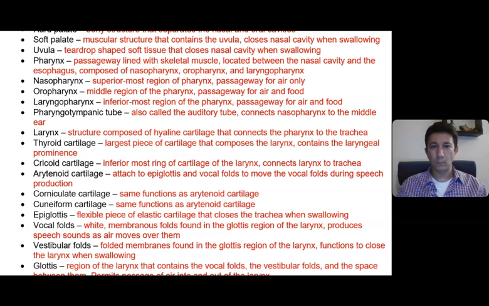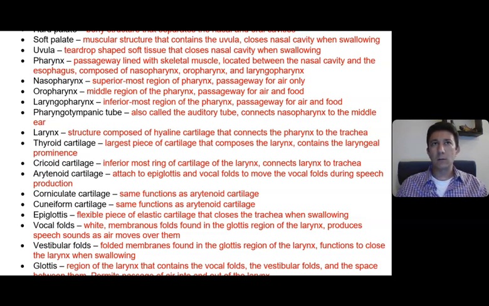So there's a couple of different pieces of cartilage that compose the larynx, which we'll look at now. The thyroid cartilage is the most prominent piece of cartilage that makes up the larynx, and it contains a structure that's called the laryngeal prominence, which is an anterior enlargement, if you will, of the thyroid cartilage that's usually larger in males than it is in females, and often this structure is referred to as the Adam's apple.